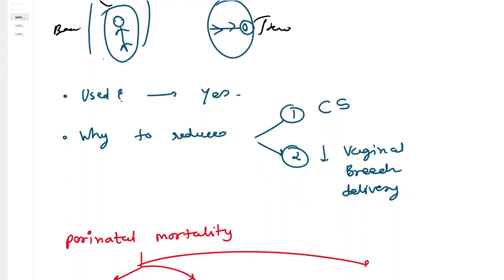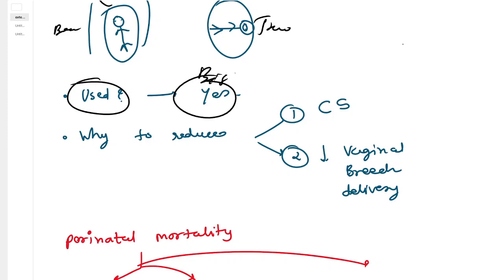The question is, is it used nowadays? The answer is a big yes. Yes, it is used. In the developed countries, it is used. Earlier, there was a study, there was a Cochrane review, and there was a meta-analysis, and there was increasing evidence that going for cesarean section for a breech delivery would reduce the perinatal mortality.